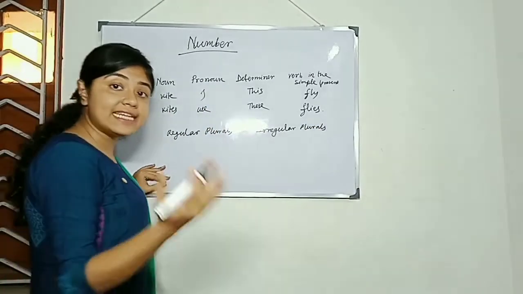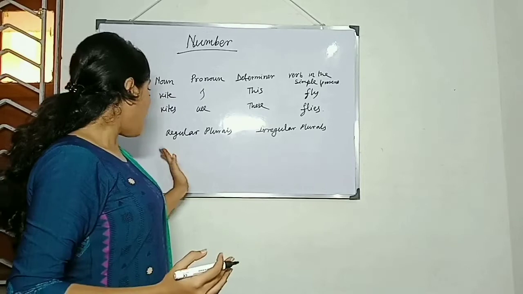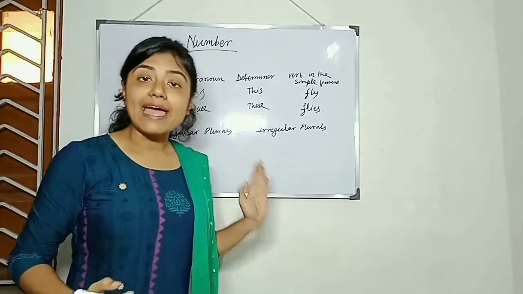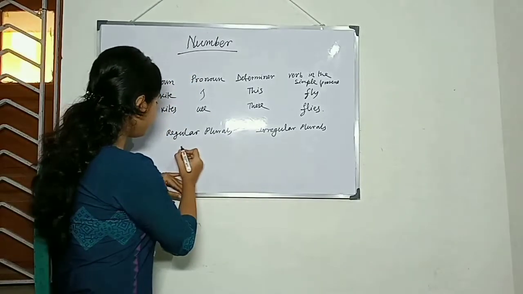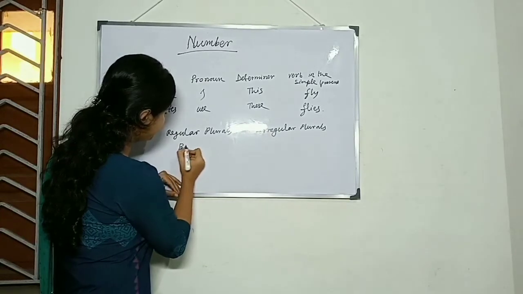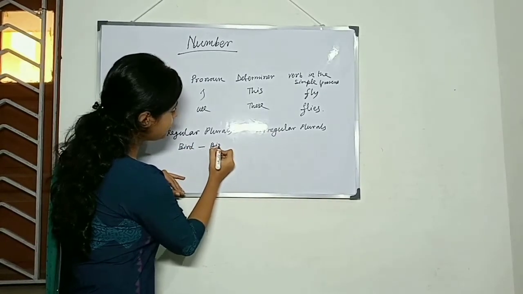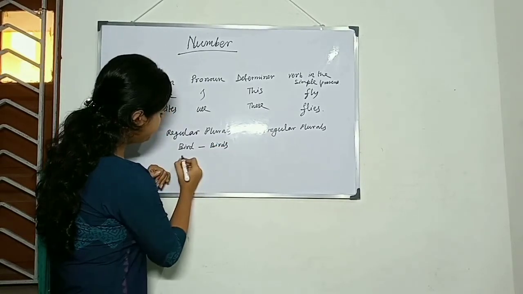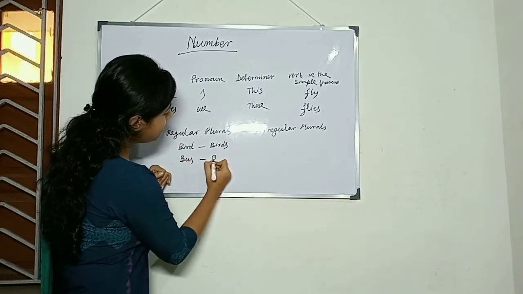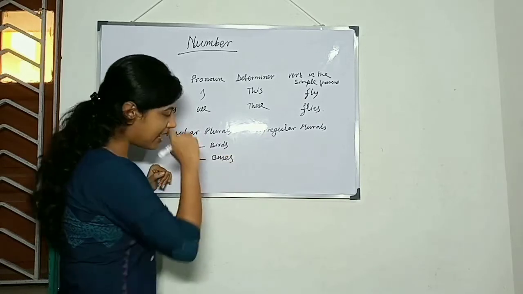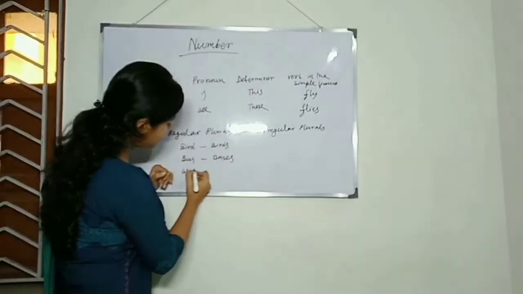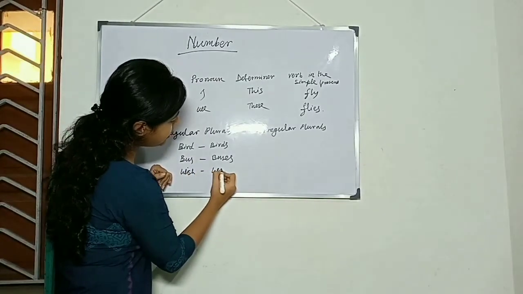Regular plurals, as I said, we can have by adding s or es. For example, bird. Bird will be birds. Bus will be buses. Right? Wish will be wishes.